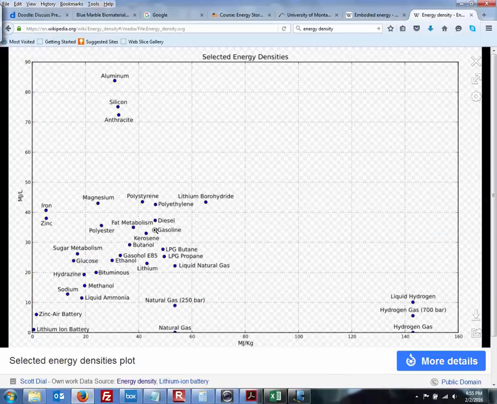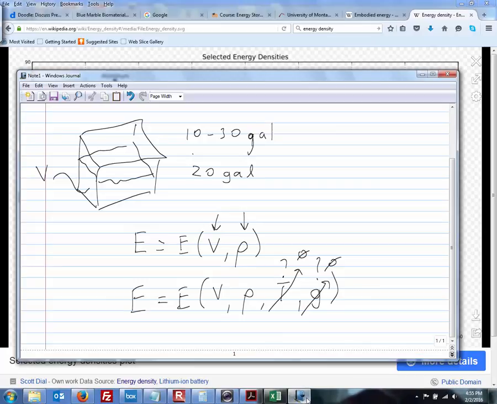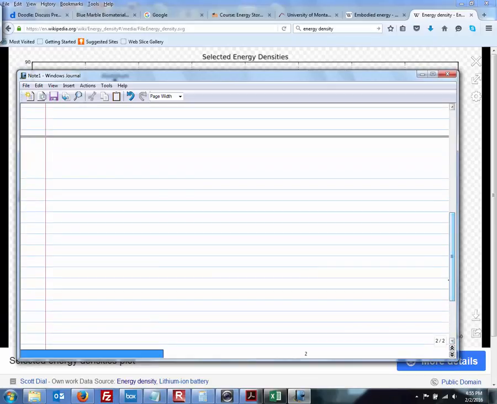So now let's look at gasoline. I'm just going to call that 34 megajoules per liter. Okay. And I'm making it a little bit hard on myself because I'm going to work in liters, but I'll convert that to gallons.